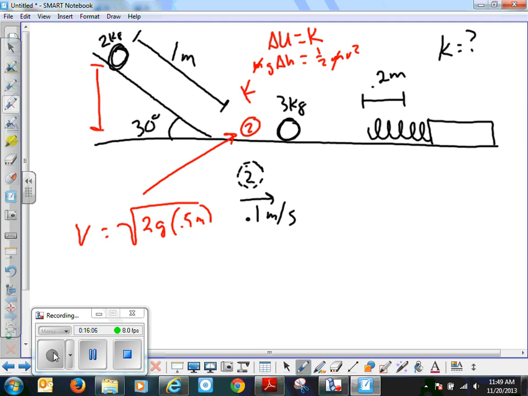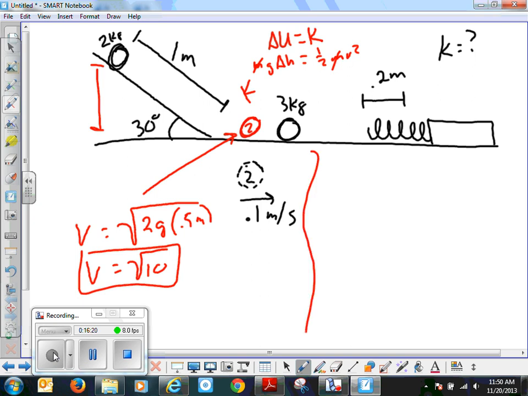So that's going to be the square root of 10 is the velocity of that first ball before the collision. Okay? So then we have a collision, and this is going to be an inelastic collision, right? So now we have to figure out the velocity of that ball, right? So at this point, then we'll take our momentum initial equals momentum final.